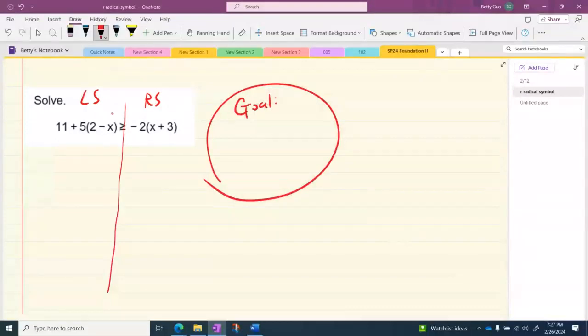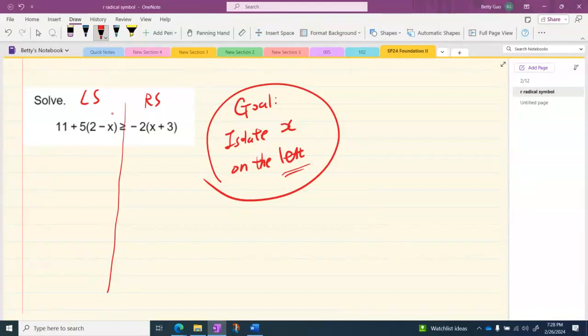The goal when we solve a linear inequality in one variable is also to isolate the variable on the left side. Sometimes maybe on the right. Just for convenience, I'll write on the left side. We are flexible on that. Sometimes it's better to isolate the variable on the right side. That is the same as solving an equation, right?